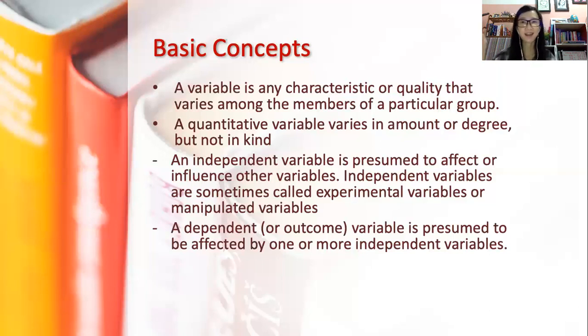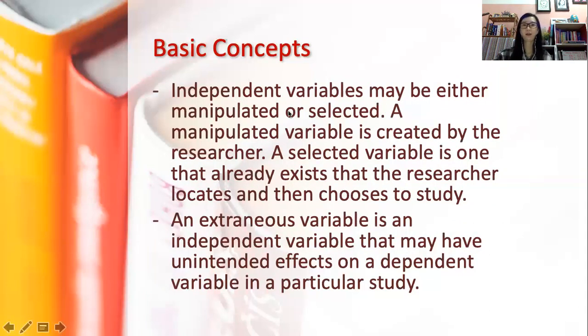These other variables are what we call dependent variables. We will discuss these two variables later when we discuss specific research designs, namely experimental design. Here are some more explanations on independent variables.